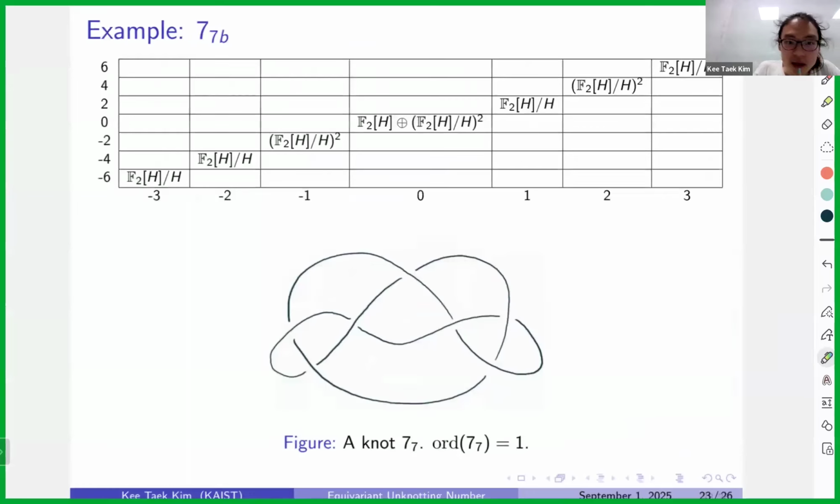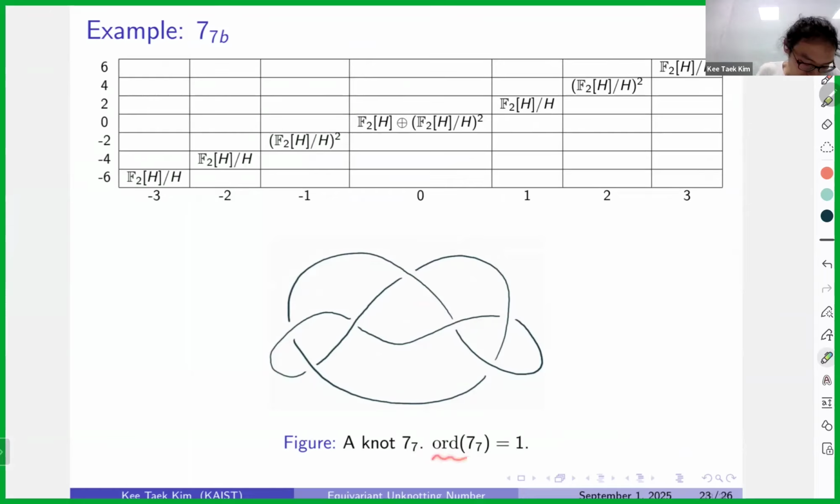So let me finish my talk with a small example. This is a knot from the knot table, and this is the table of its Khovanov homology. You can easily check that here is the free part and the others are all torsion parts with torsion order 1.